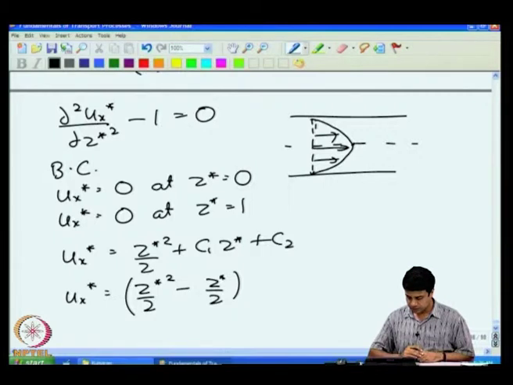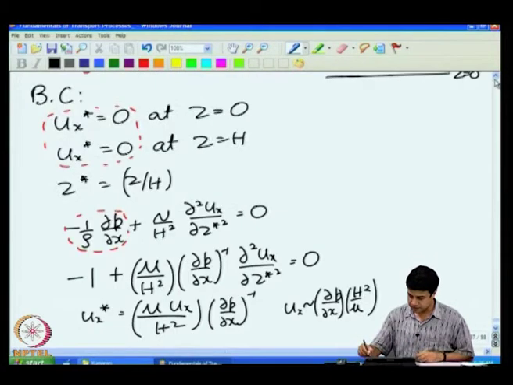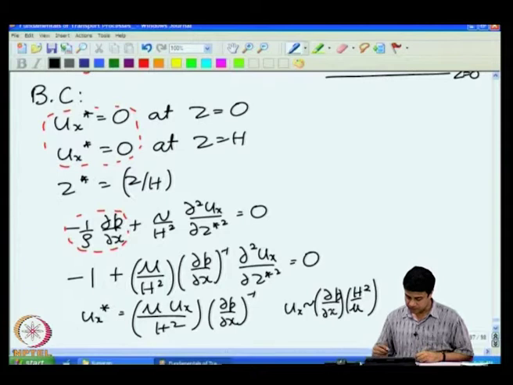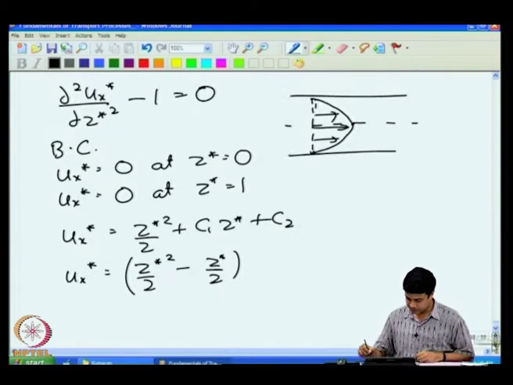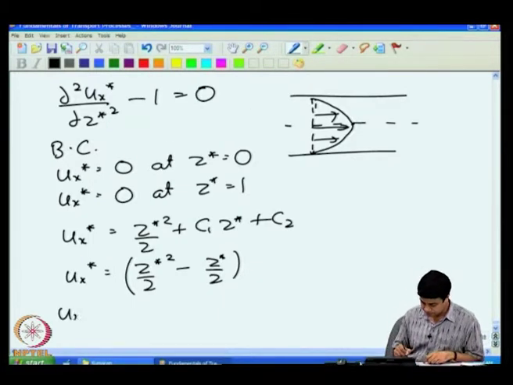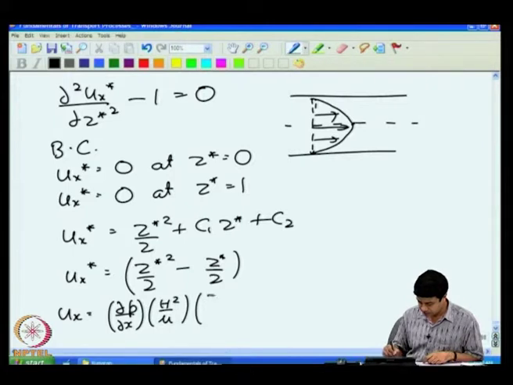Okay. So, now I can express this back in terms of a dimensional velocity. Okay. To get a dimensional velocity, all I need to do is multiply it by dp by dx times h square by mu. Okay. So, my dimensional velocity will just be equal to dp by dx into h square by mu into z star squared by 2 minus z star by 2.